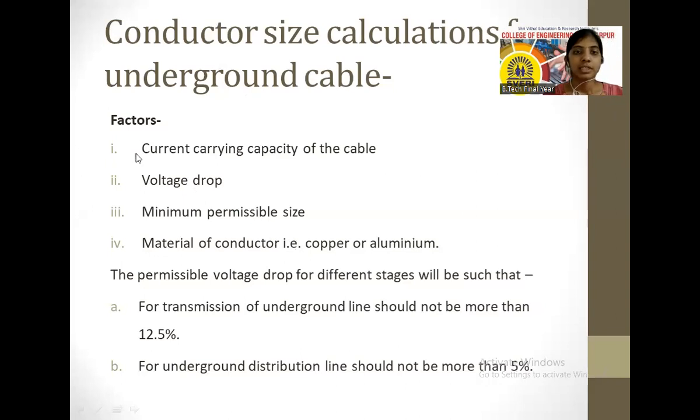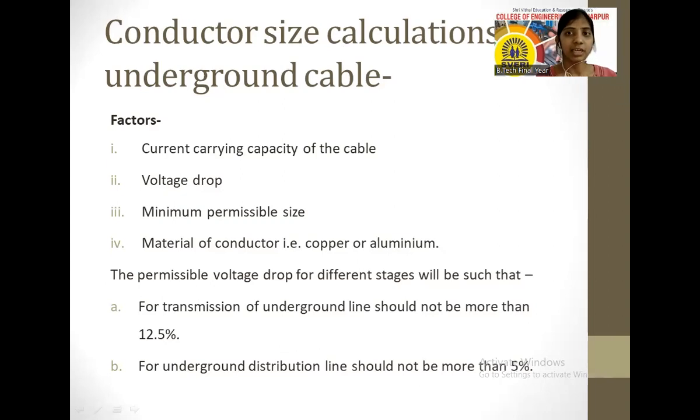The tables will vary for the various voltage levels. That means for 11 kV voltage levels, the conductor size and current carrying capacity will be different. For the 11 kV voltage level we have to consider one table, but for 33 kV we have to consider another table for selecting the size of the conductor.